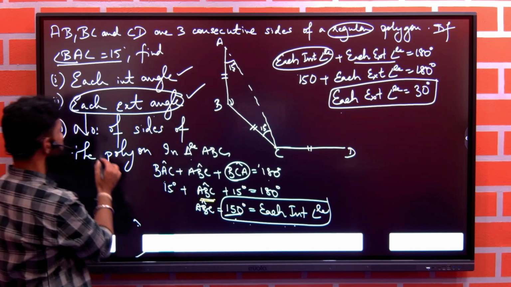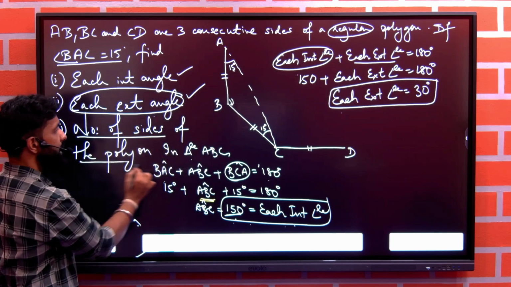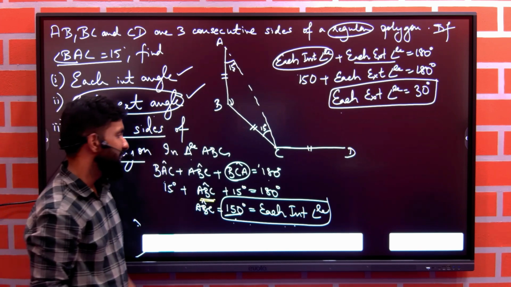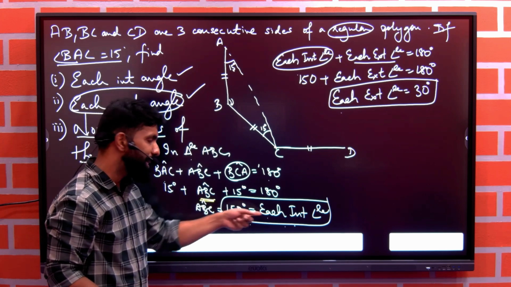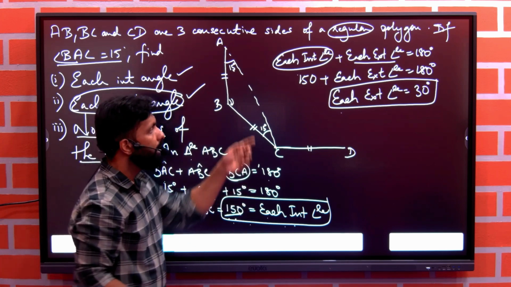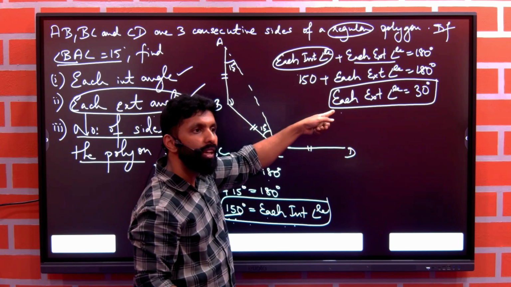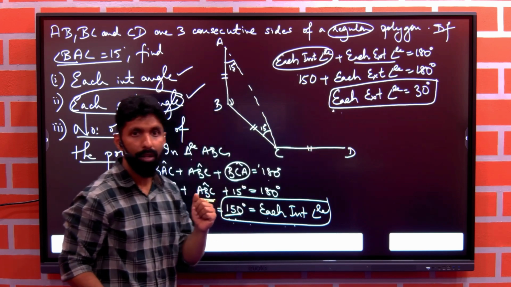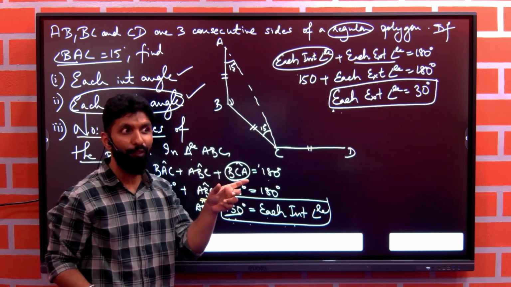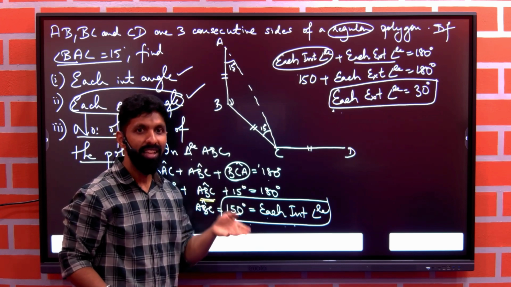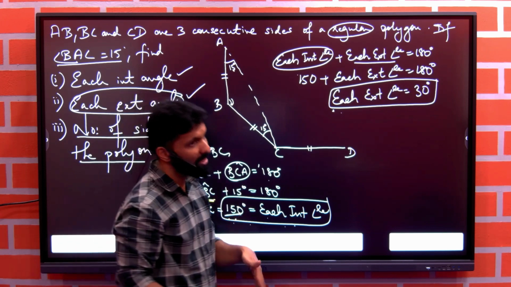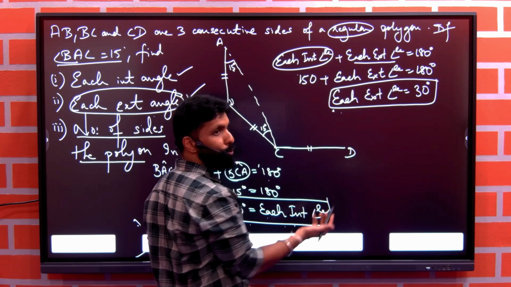And the last part, find the number of sides in the polygon. Number of sides, I can actually use each interior angle formula, or I can also use each exterior angle formula. Your comfort. But each interior angle is a big formula, but each exterior angle is a simple formula. So I prefer using the simple formula. Normal human mentality, isn't it?